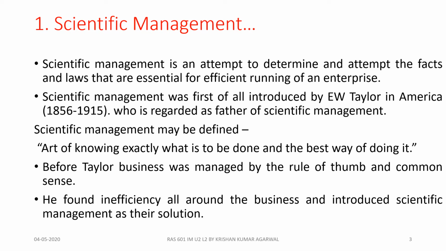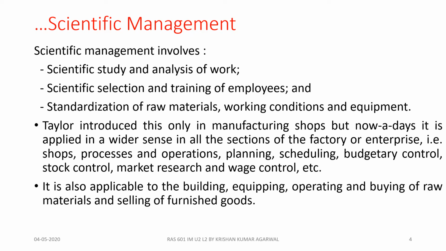So Taylor provided the scientific principle in place of the rule of thumb that was used in those days. He found inefficiency all around in the business and introduced scientific management principles as the solution. The approach involves the scientific study and analysis of work in order to improve the loopholes within the existing method.